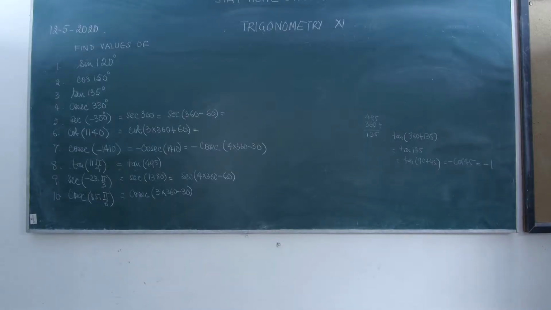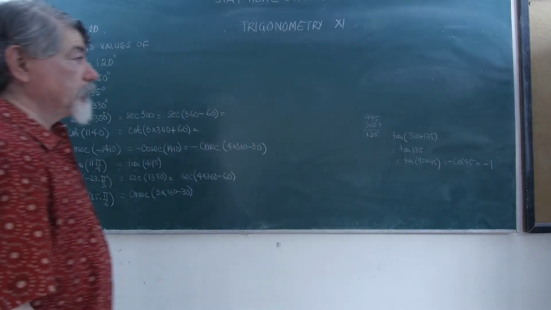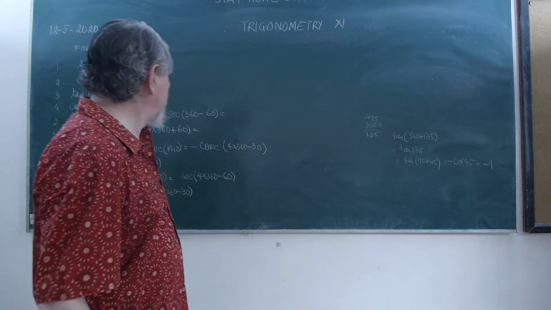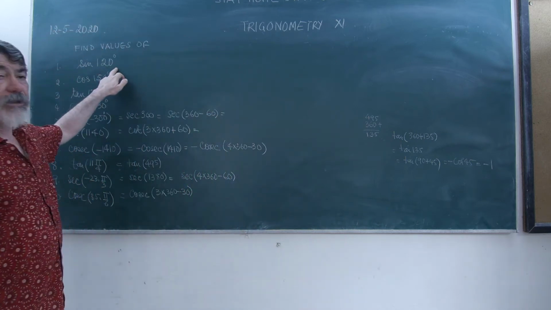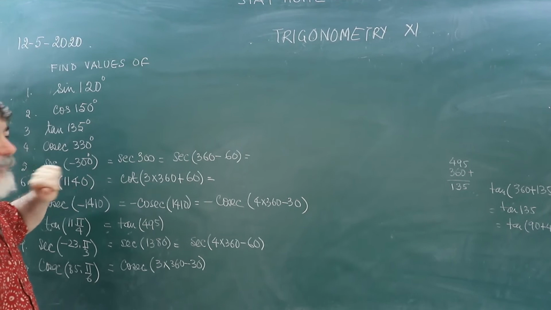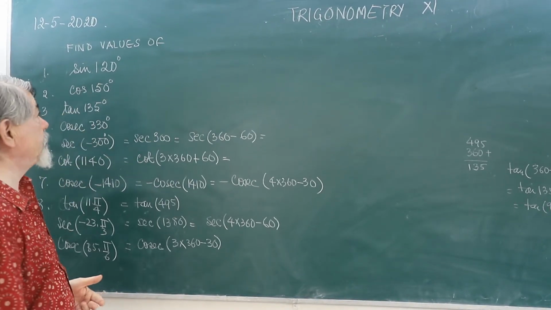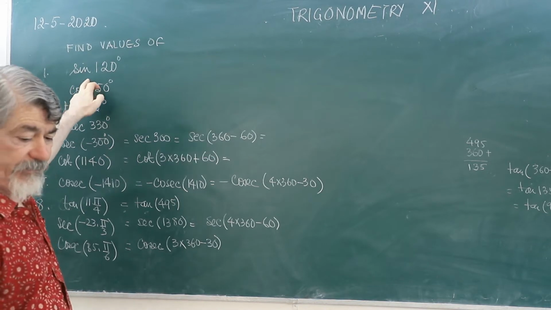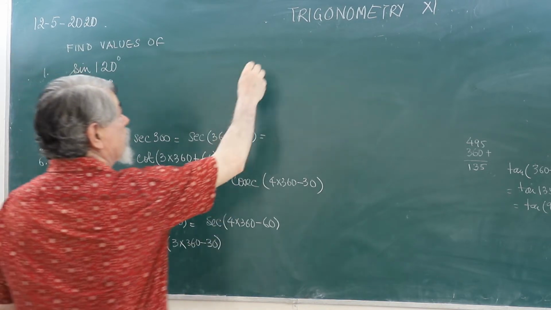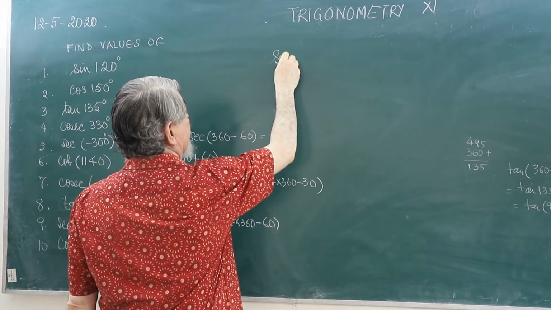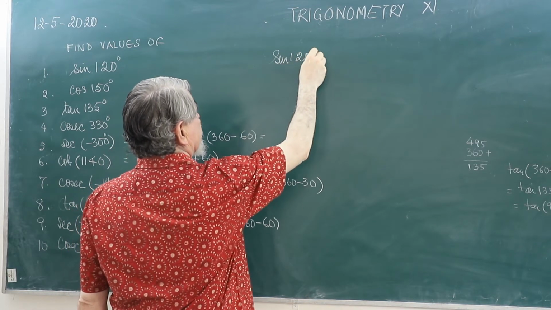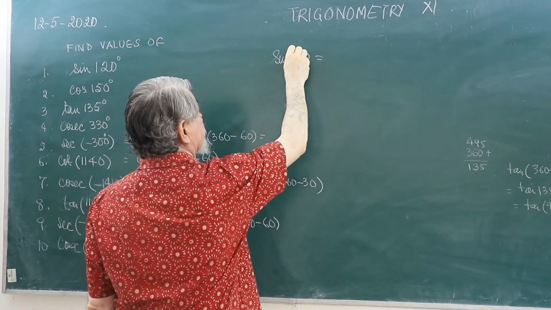Okay, let us now see the next step, how to find the values like sine 120, cos 150, tan 135, when the angle becomes bigger and bigger. For example, if I have to find sine 120, there are two ways of doing it.